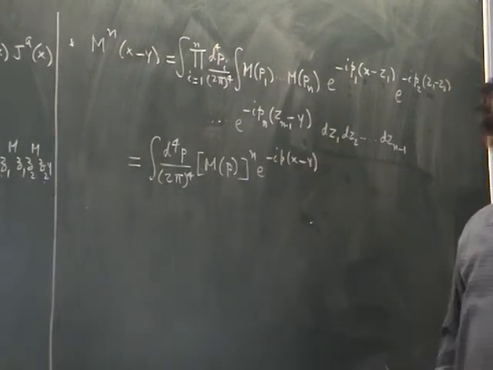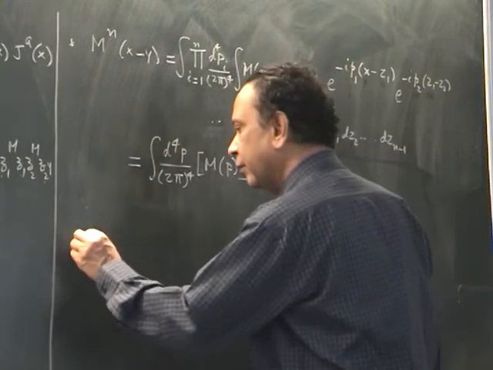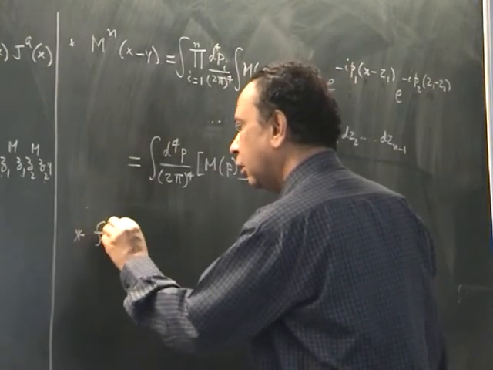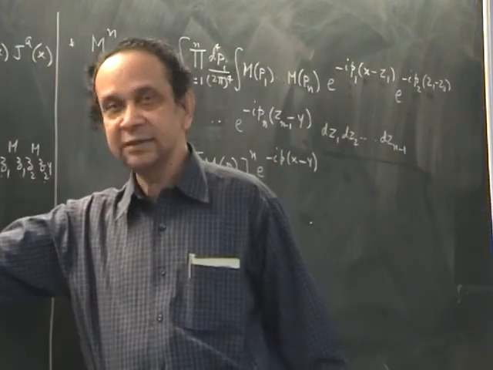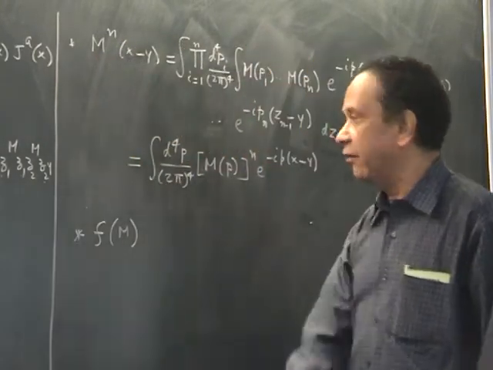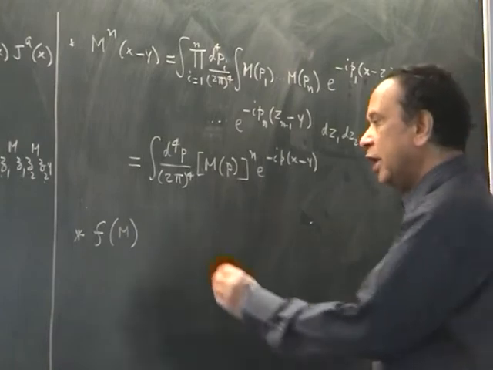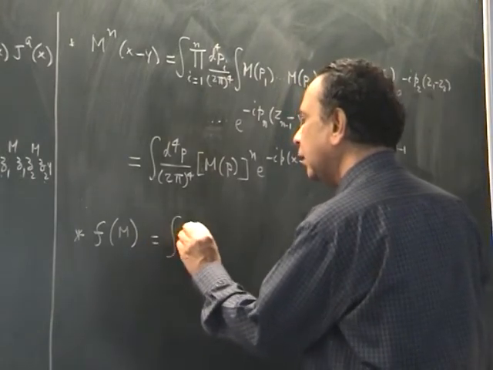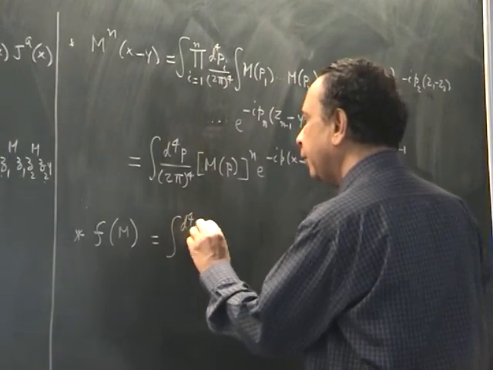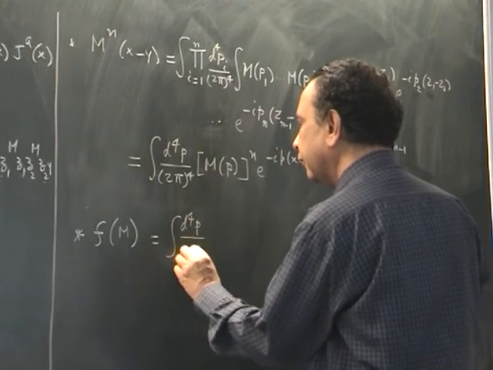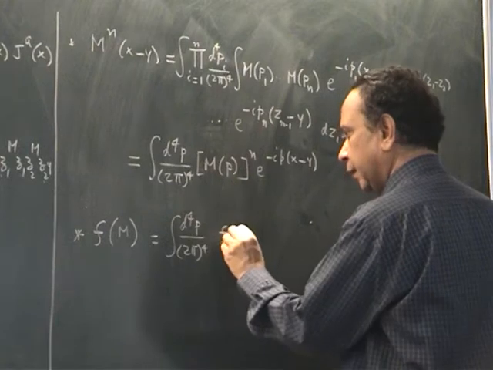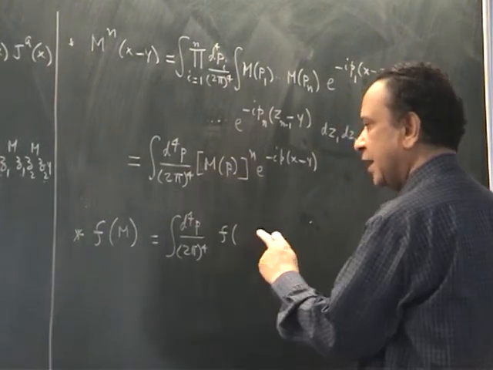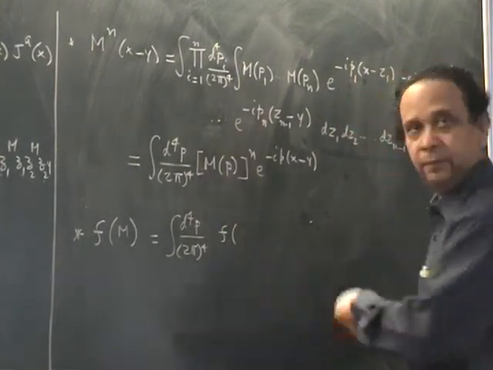This in turn means that if I have some function of a matrix, because the function of the matrix is just the sum over m to the n, and m to the n we have already computed, you can immediately write this as the integral d^4p / (2π)^4 of f of that particular matrix in p representation.